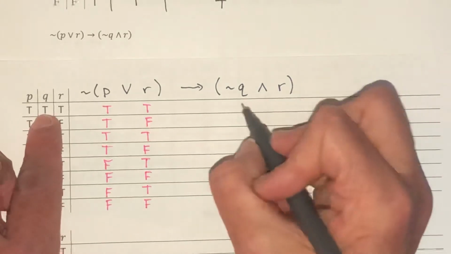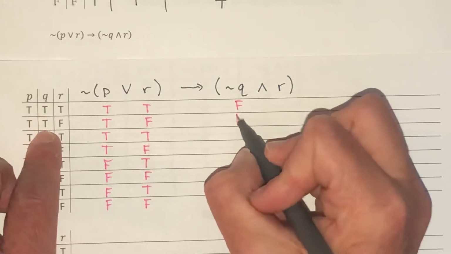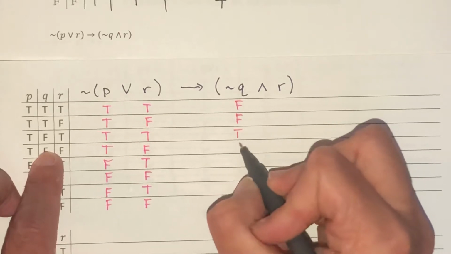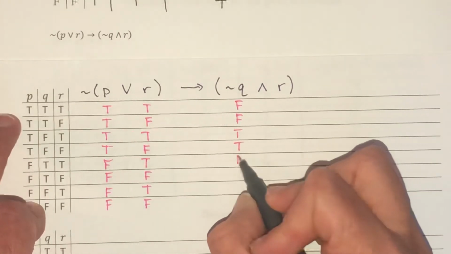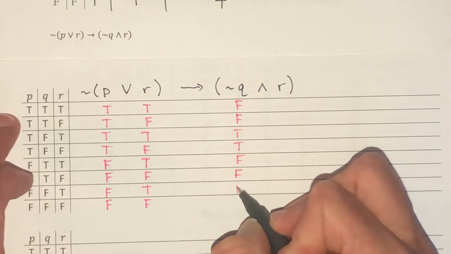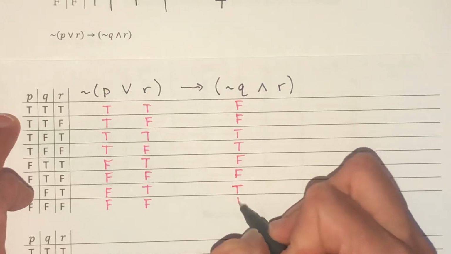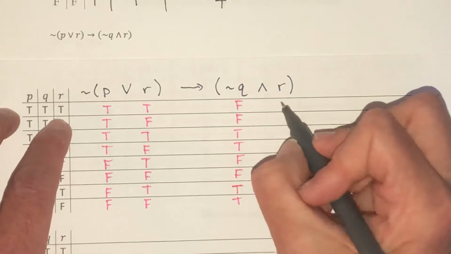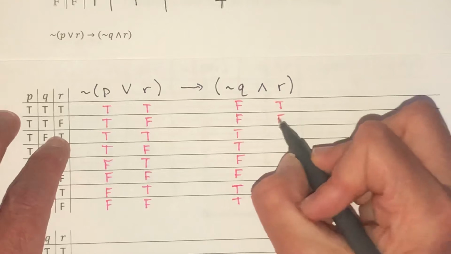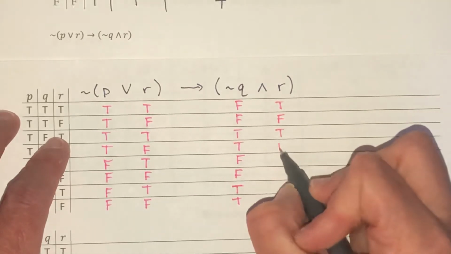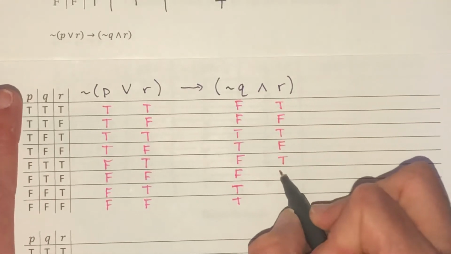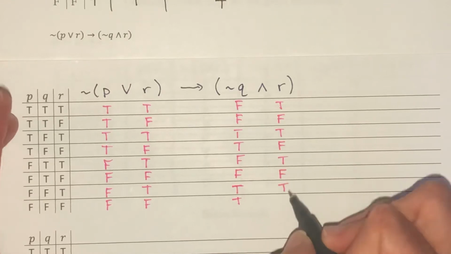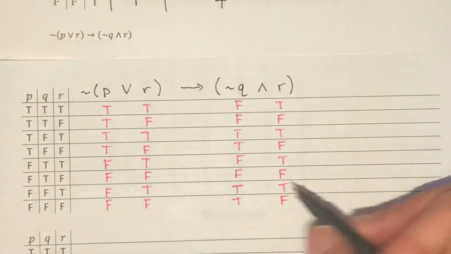Not Q, false, false, true, true, false, false, true, true. And then R is true and false alternating. Okay.